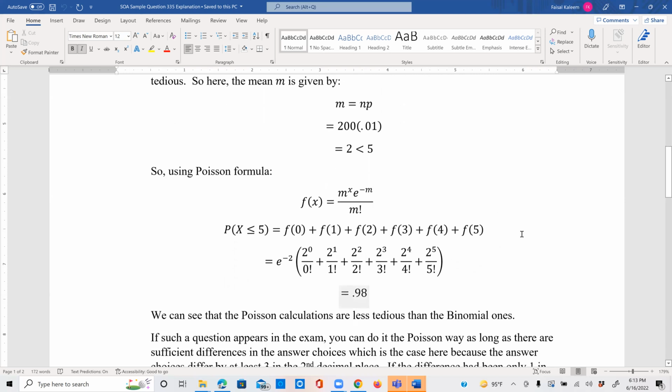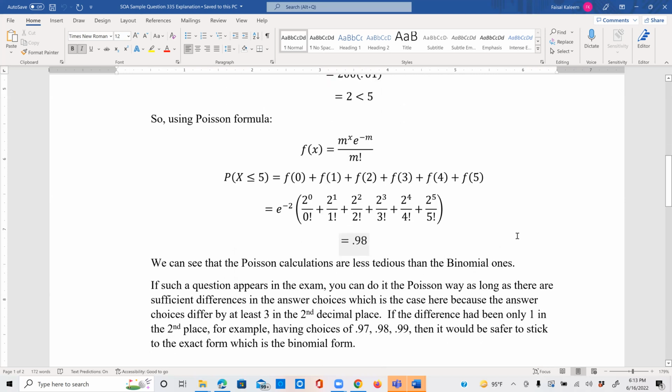In general, if it appears on the exam, you can never go wrong as long as you choose binomial.